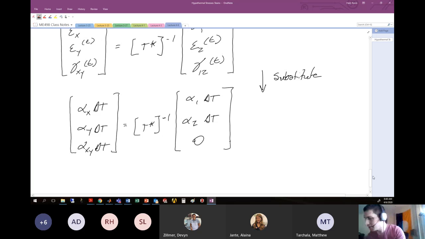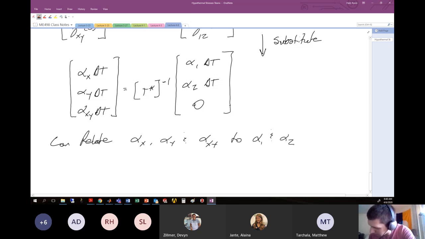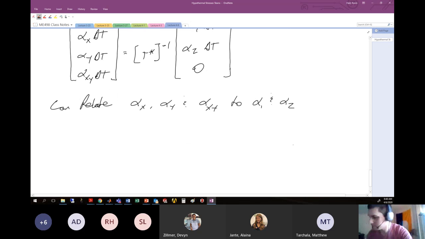Okay, so the point is, we can relate alpha x, alpha y, and alpha xy to alpha 1 and alpha 2 using this transformation.